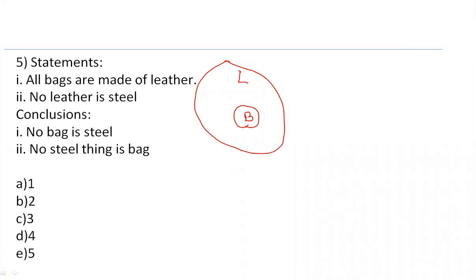I'm repeating it once again, guys. Please check for that. All the bags are made of leather means bags will come completely inside the red leather circle. Why? Because leather circle will include items whatever is made of leather. Okay. As bags are made of leather, bags is inside the leather circle. Okay. That is the first statement.